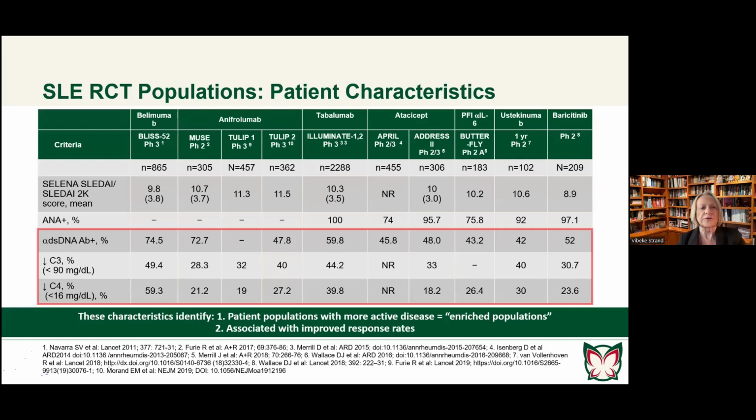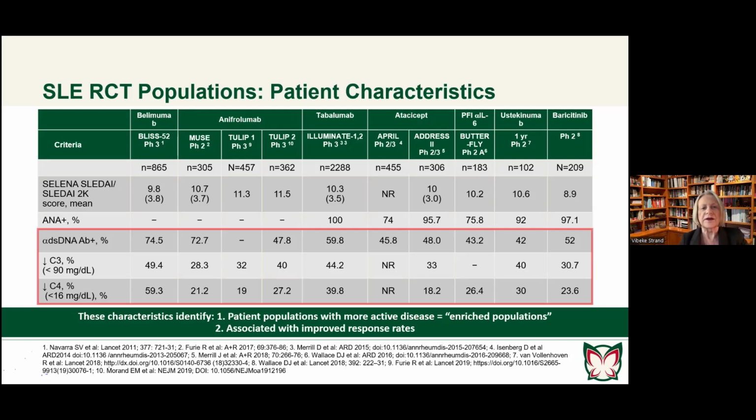Just to go back to the high disease activity argument, here are the trials with belimumab, anifrolumab, tabalumab, atacicept, the IL-6 from Pfizer, ustekinumab, and baricitinib.